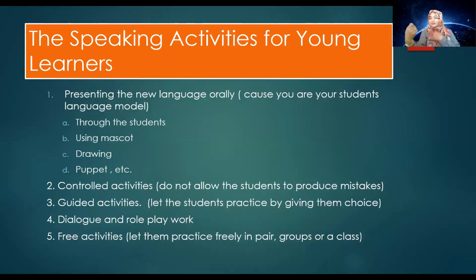Okay, so then suddenly I talk to the mascot. Teddy Bear, Ismet is having fried rice for his breakfast. What do you have? What do you have for your breakfast?